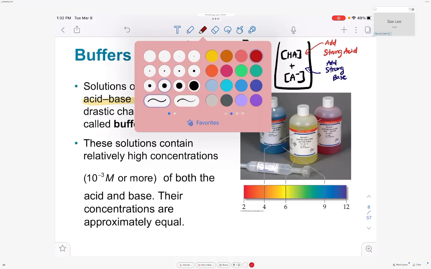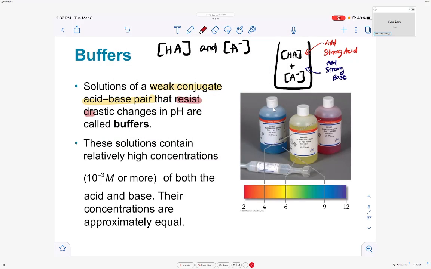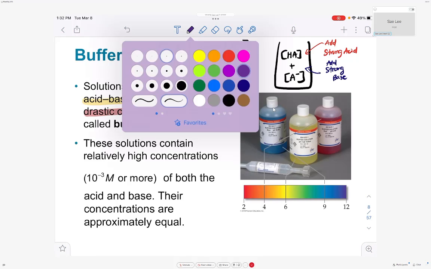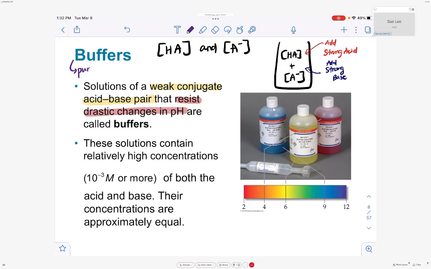The purpose of a buffer solution is to maintain a constant pH level throughout the solution.